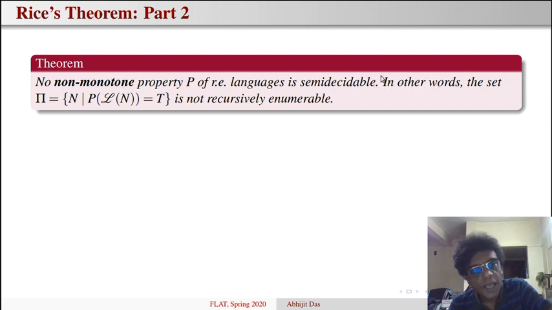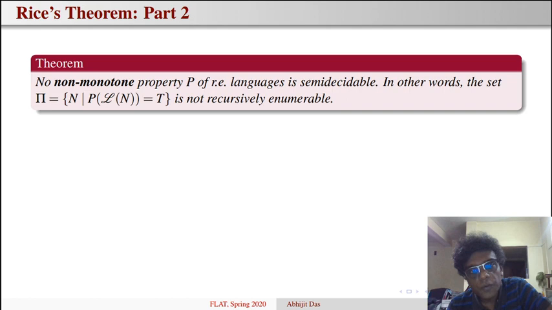And then I will establish that the set of all Turing machines such that their languages satisfy the property is not only not recursive, it is not even recursively enumerable. Yeah. So, pi is the set of all Turing machines n such that P of L of n, the language of n, is equal to T, true. This is not an RE set.